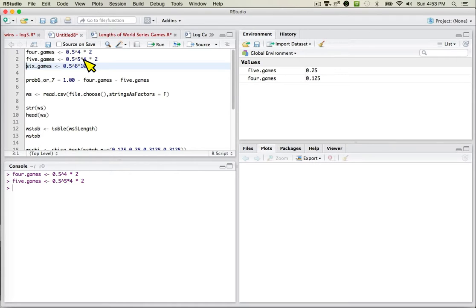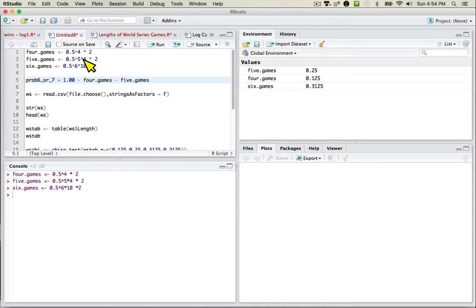So we're going to multiply the chance of winning each game, 0.5, times the 6 games. So 0.5 times 0.5, and what I've done here is simply to raise that to the 6th power. It's the same thing. And then I multiply by 10 because those are the number of possible combinations. And then again, I multiply by 2. And if I do that, I find that the chance of a World Series going 6 games should be about 31.25%.